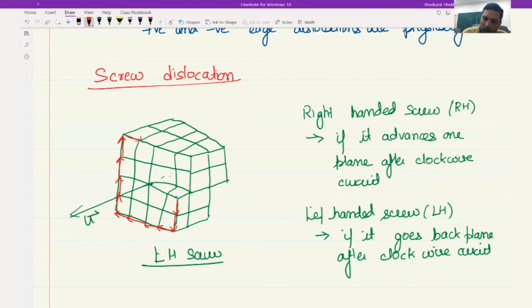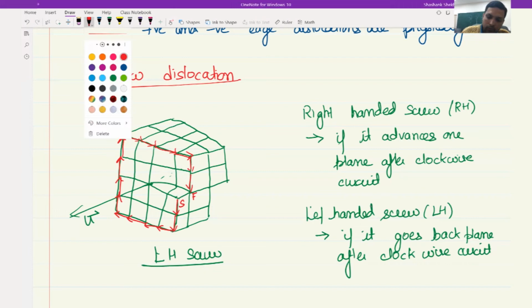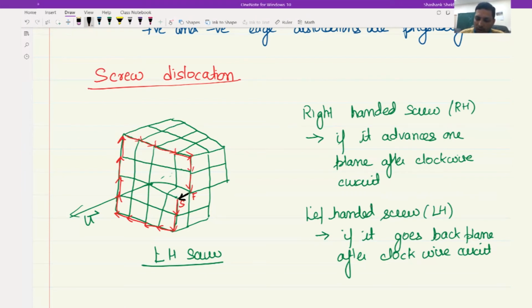So 4 right. And now we come 2 down. So we have now completed 4 up, 4 down, 4 left, 4 right. But finish and start have not matched. And if we look at it, so this is your Burgers vector for this dislocation.